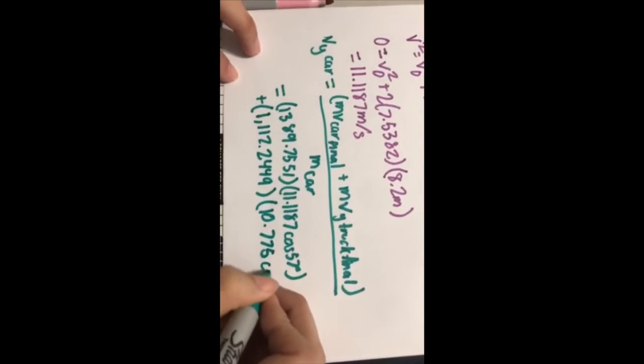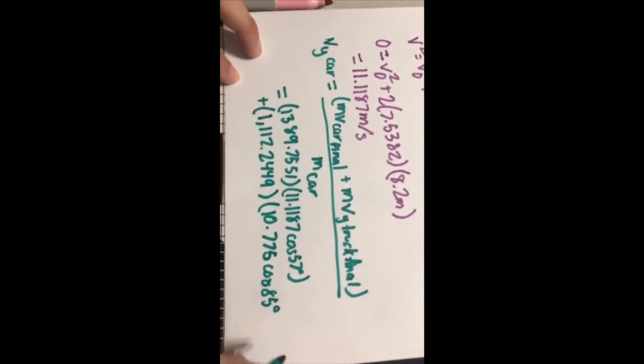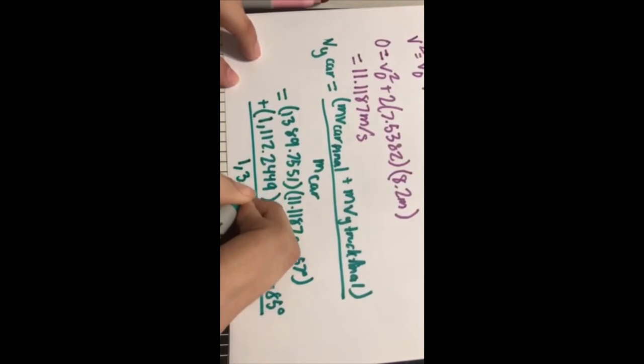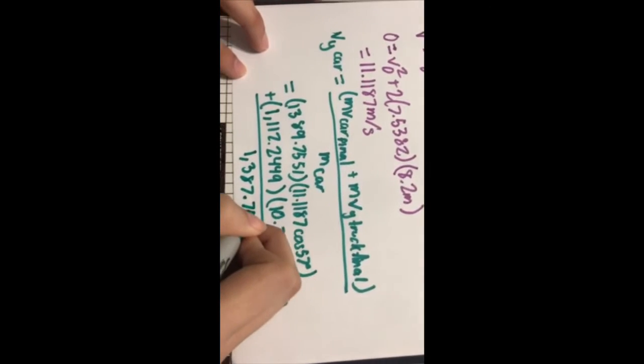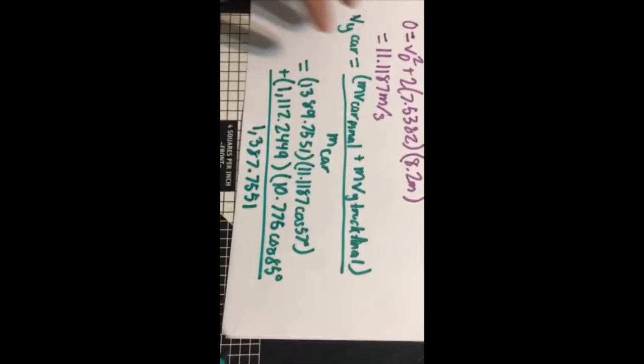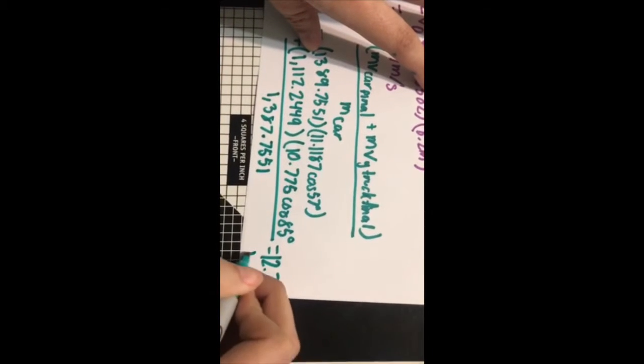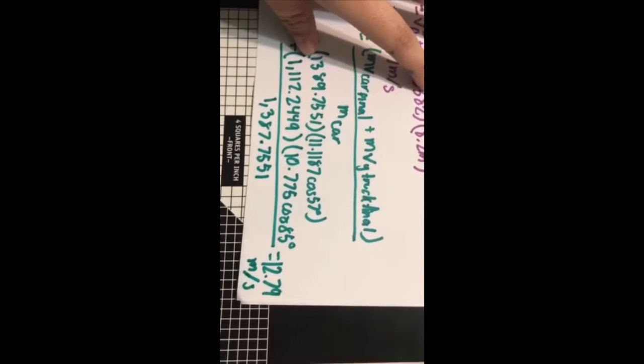That goes to a cosine of 85. And we divide by 1,387.7551 to give us the velocity of 12.79 meters per second.